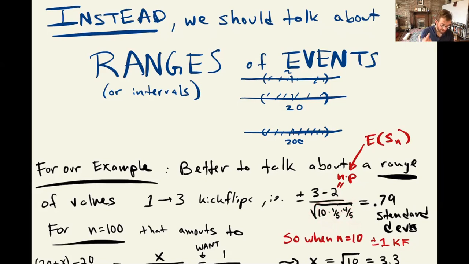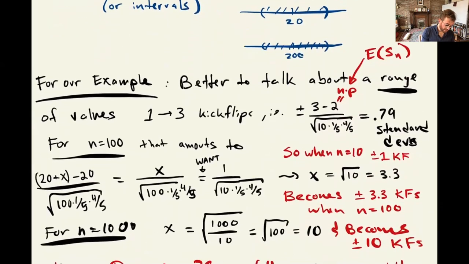So explicitly, what ratio am I keeping constant? If I say, what's the probability of landing between 1 and 3 kickflips, the question I should ask when I change the number of tries to 100 is, what deviation x above the mean, which is 20, gives me this same number? This is my 0.79.